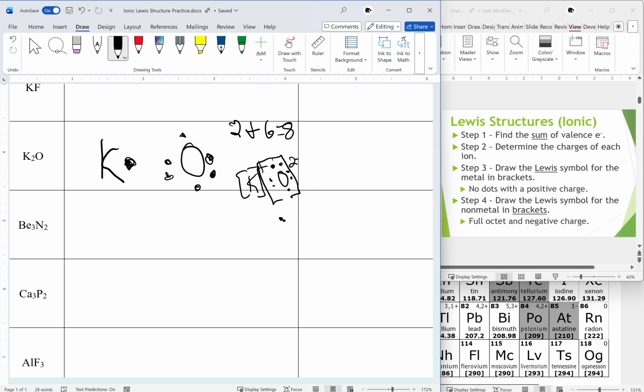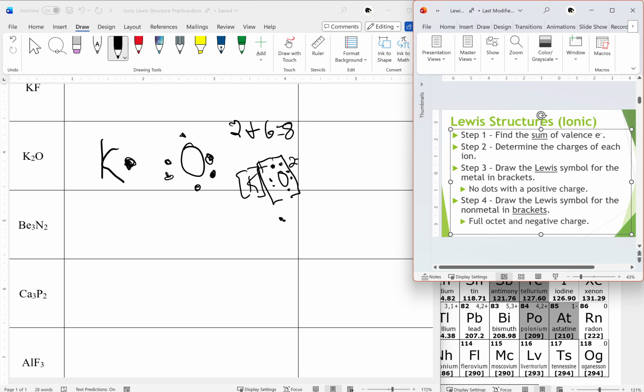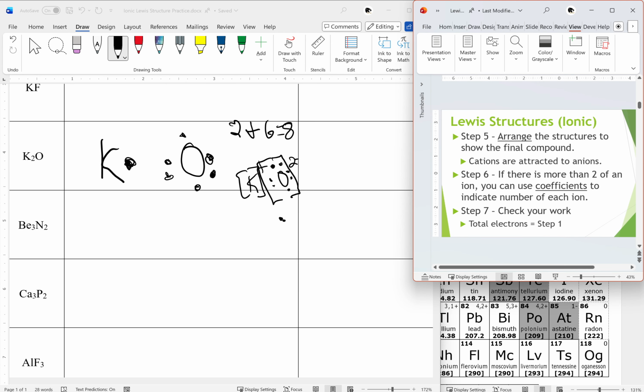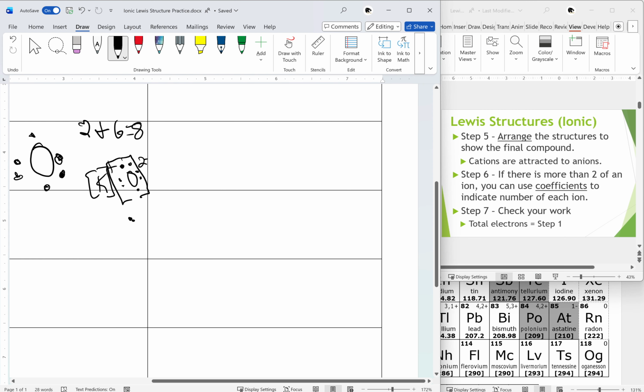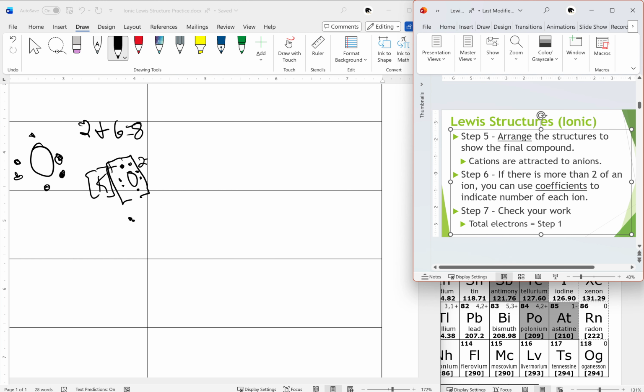That's according to our steps in the PowerPoint. What you've got to do at the end, though, is arrange them plus minus plus minus. I'm going to have 2 K's and 1 O, so my pluses in this case will be surrounding the minus.